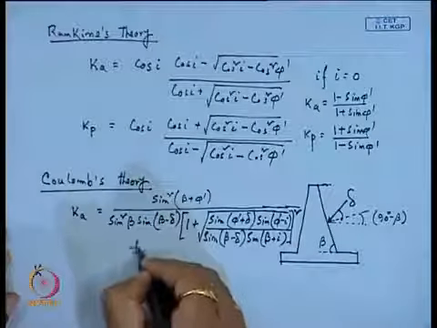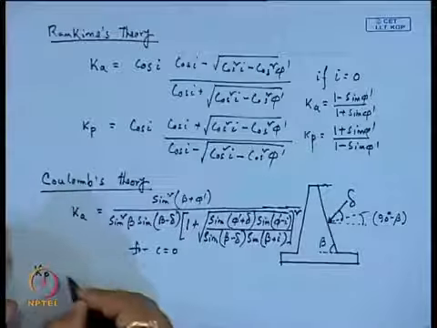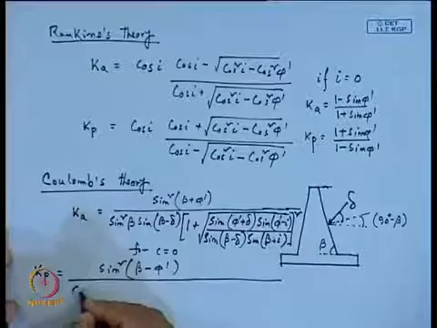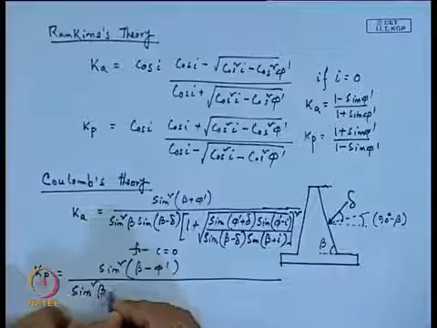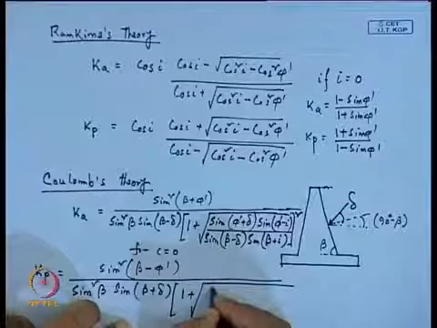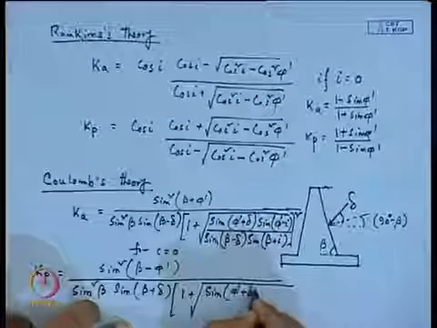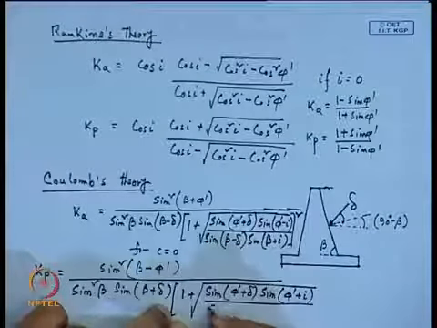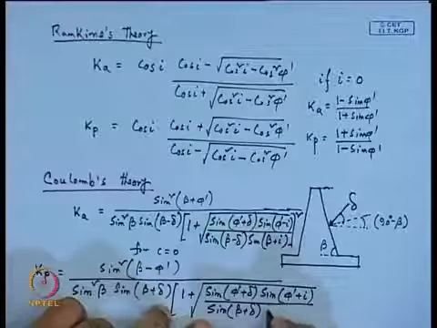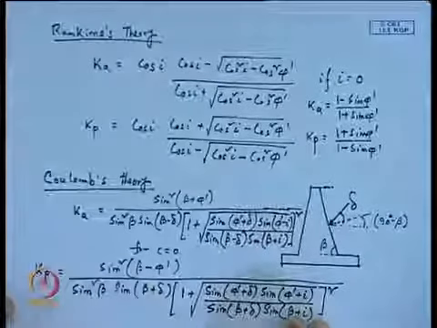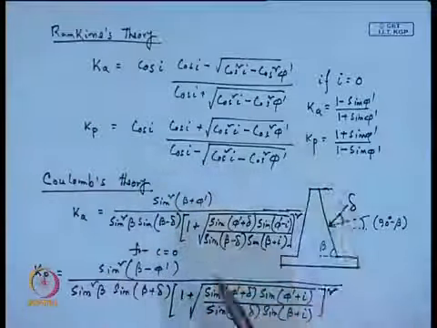Similarly, K P we calculate as sin square beta minus phi dash, divided by sin square beta into sin beta plus delta, into 1 plus root over sin phi dash plus delta into sin phi dash plus I, divided by sin beta plus delta into sin beta plus I, and then the total squared. So in this way we can determine the passive and active coefficients of earth pressure for Rankine's theory and for Coulomb's theory under different conditions.